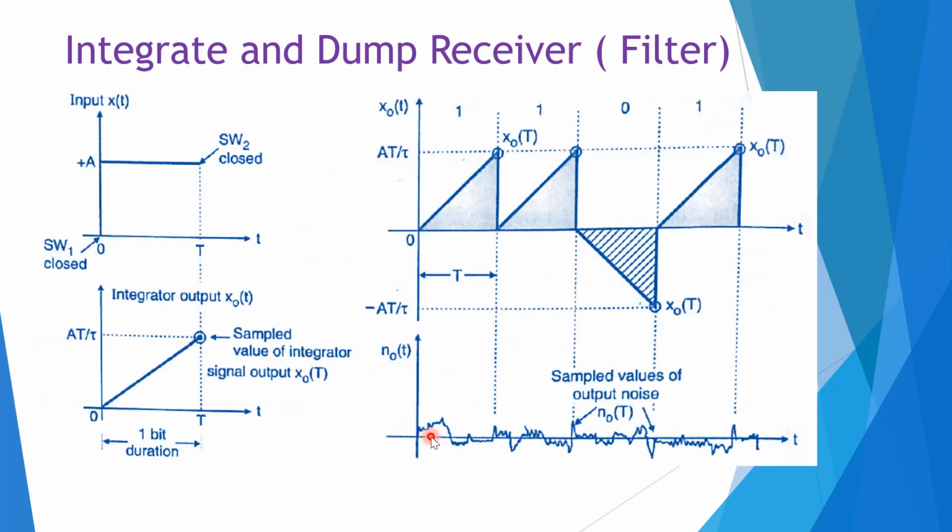Now from the graph also we can show this. The signal output voltage is shown here and the noise output has been shown here.